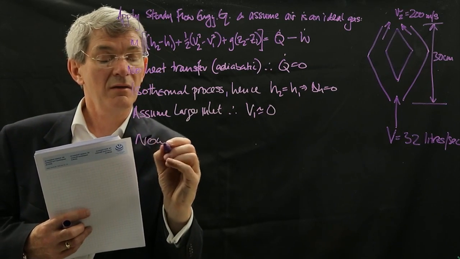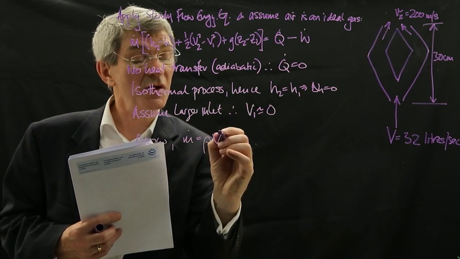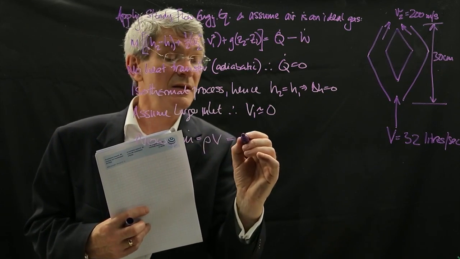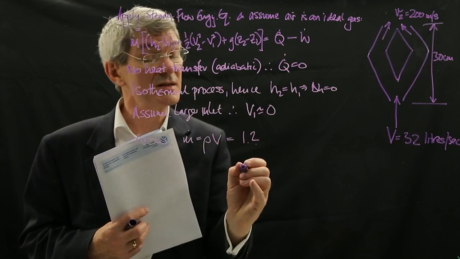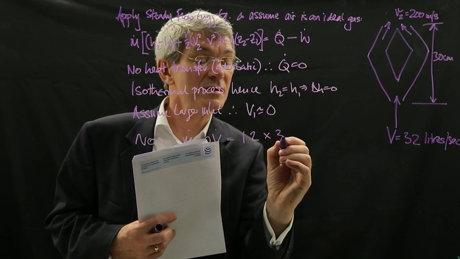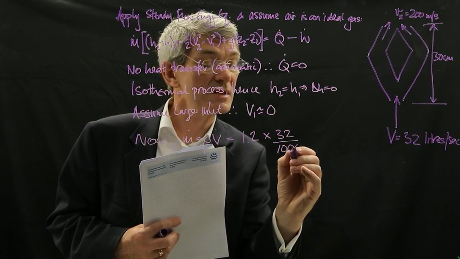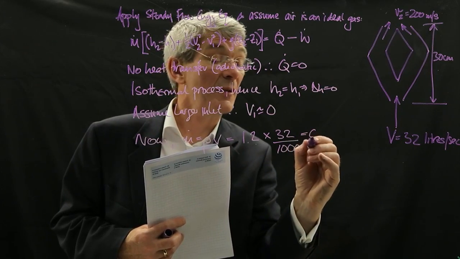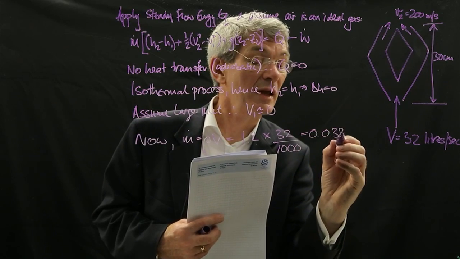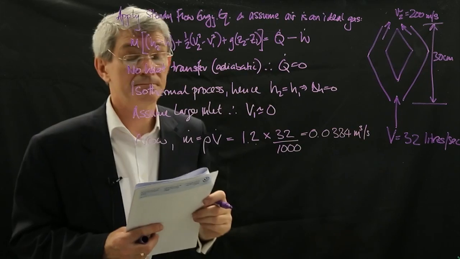So we can say now m dot will be equal to the density times the volume flow rate, and we're told what that is. So we can calculate this as 1.2 for the density of air times the flow rate over here, which is 32, and we'd like that in terms of cubic meters, so divide by 1,000, and that will come out as 0.0384 kilograms per second.